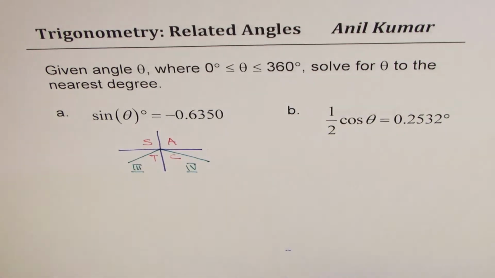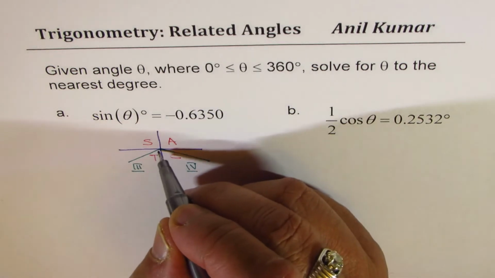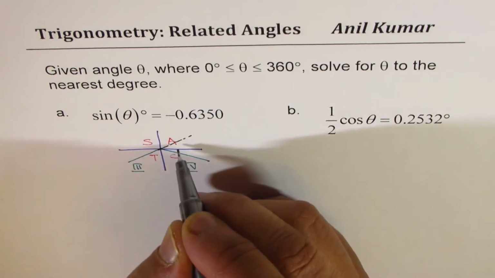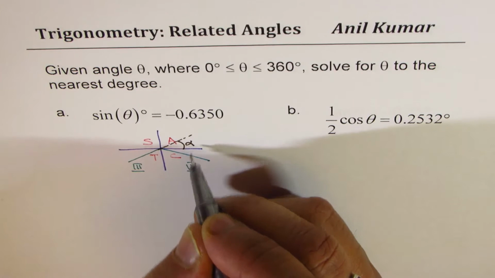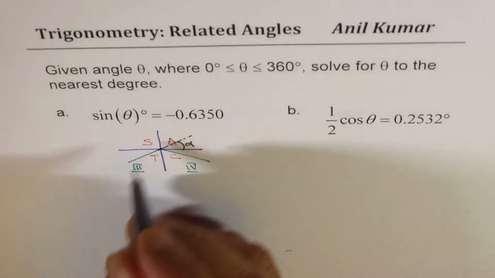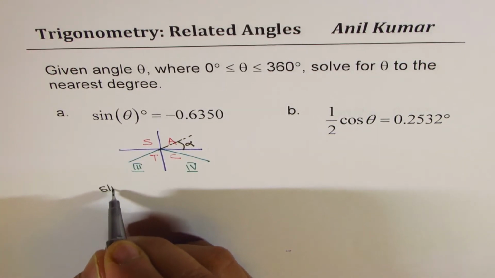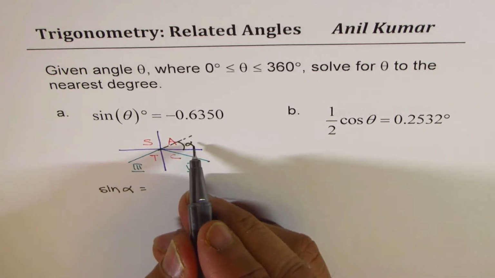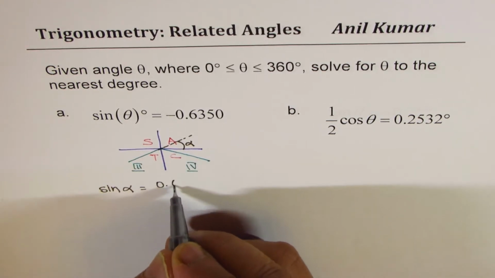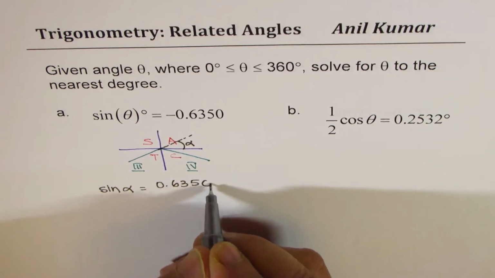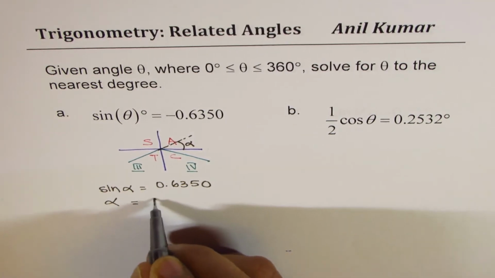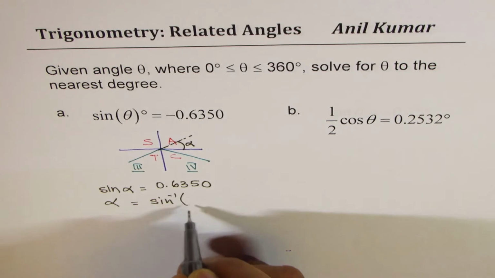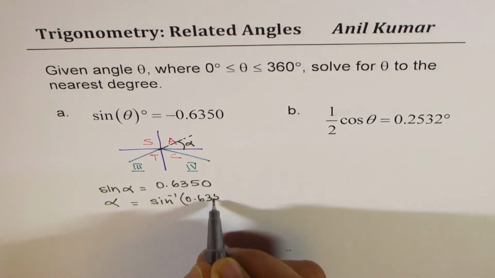That's the first thing. Now what we do here is we always find a related acute angle first and then the principal angle theta, since we are getting two answers. So let us say alpha is our related angle. I'll rewrite this as sine alpha equals, here all are positive, 0.6350. So what is alpha equal to? Alpha is sine inverse of 0.6350.